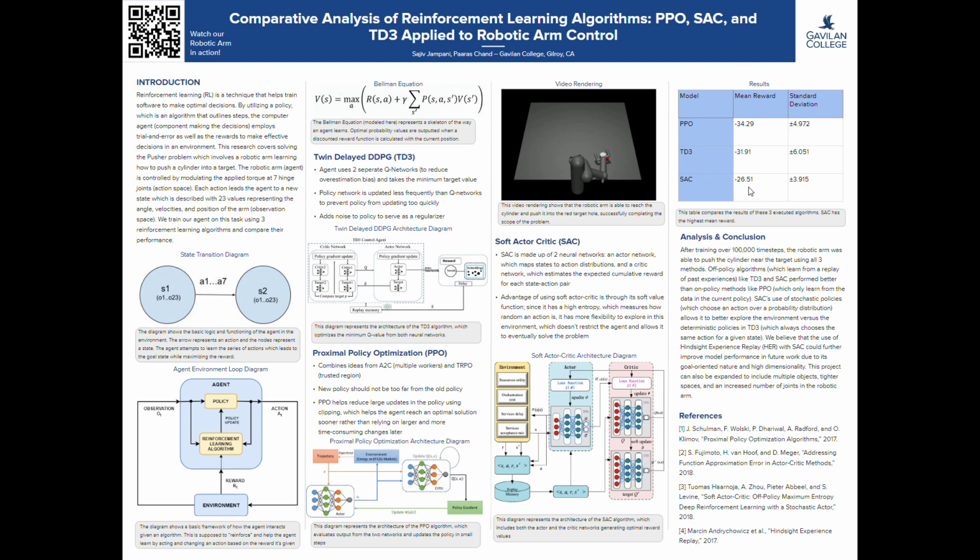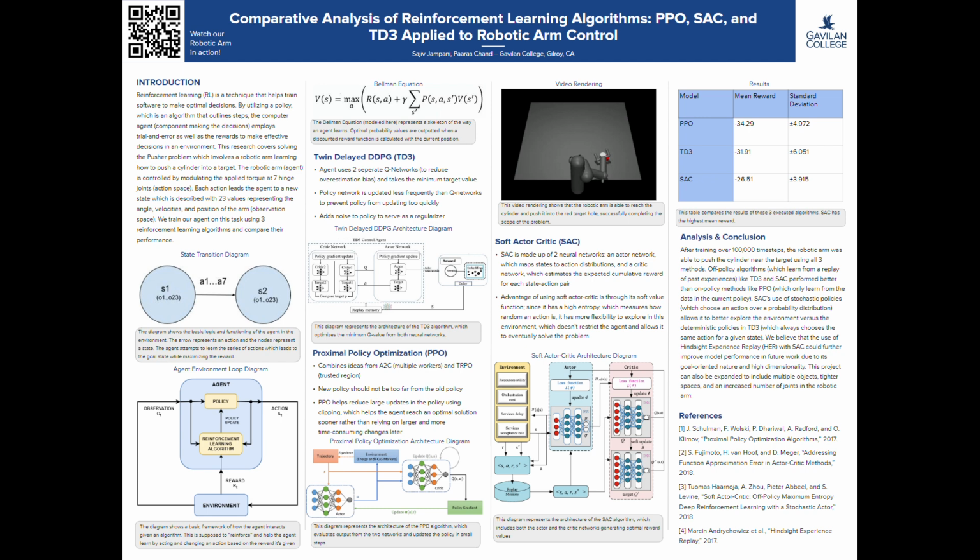Also, TD3 has a higher deviation compared to PPO and SAC has the lowest deviation. This is highly attributable to the fact that SAC is more entropy and probability based, so it has the ability to make more random actions and eventually line up with the target cylinder that it needs to push.